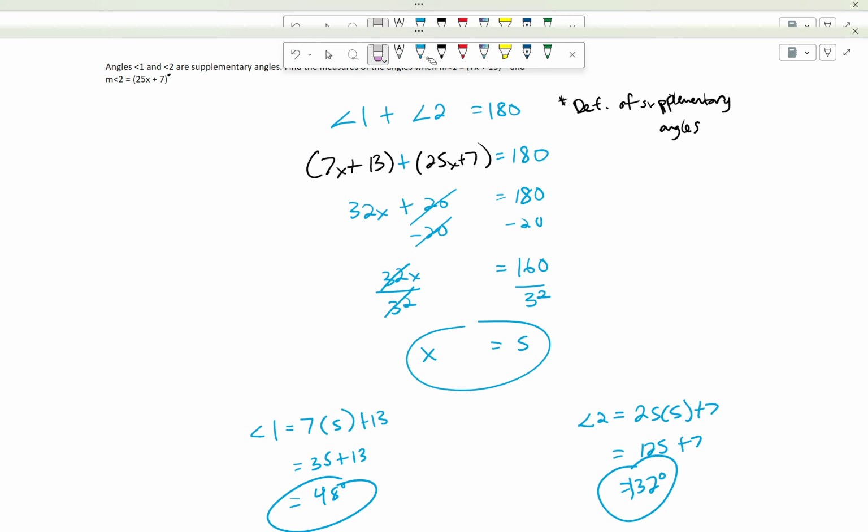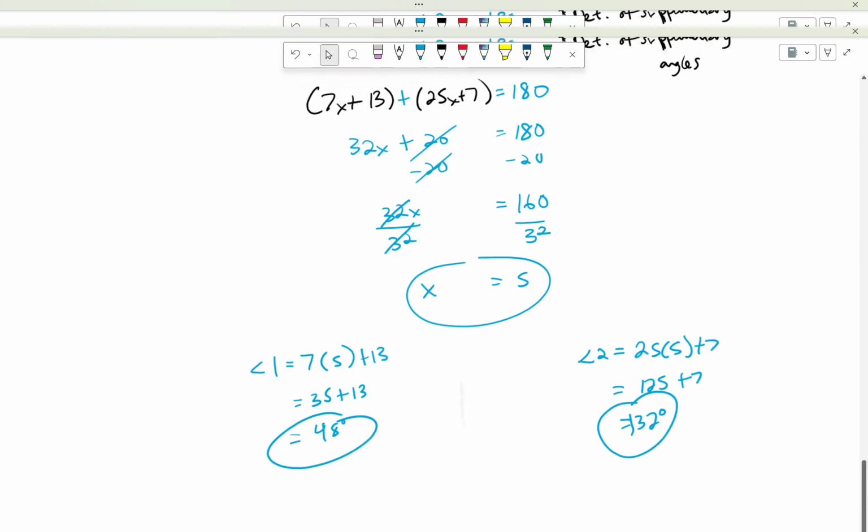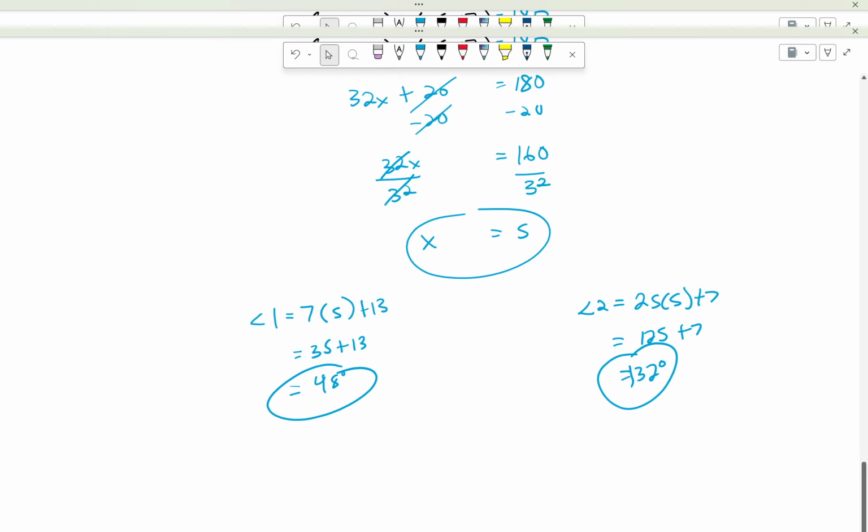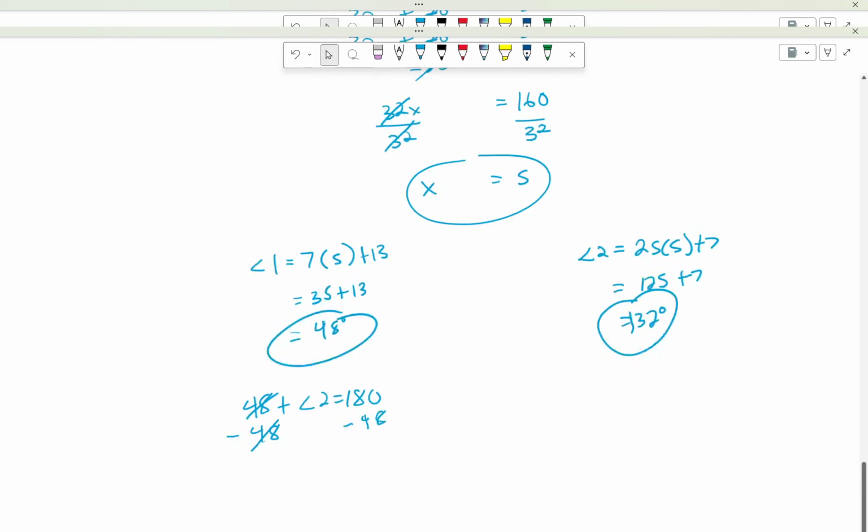Now, remember, 1 plus 2 was equal to 180. So could we have done the following? Could I have said, okay, I had solved for angle 1, and since angle 1 is equal to 48, can I use that to solve for angle 2? Well, absolutely. Logically speaking, we can, since they are supplementary.